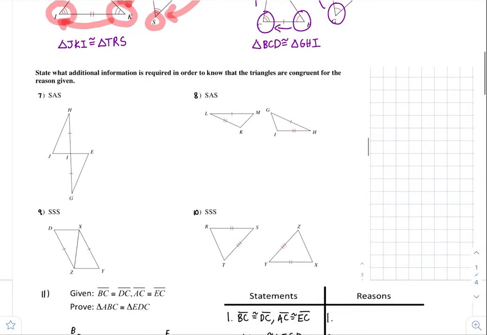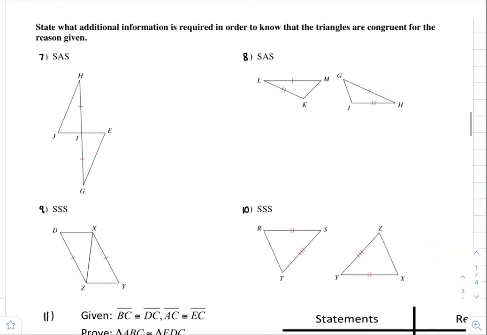Now for this one. State what additional information is required to know that the triangles are congruent for the reason given. So we have to provide an additional statement so that we have this triangle congruency statement. What additional information can we provide?